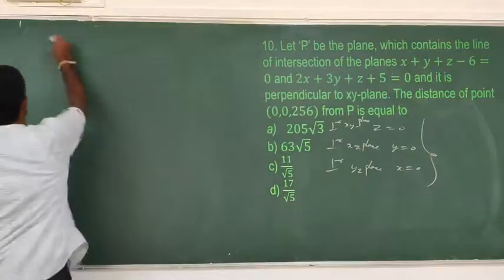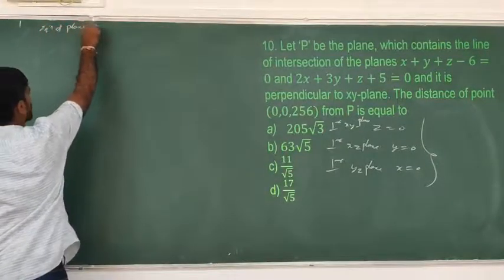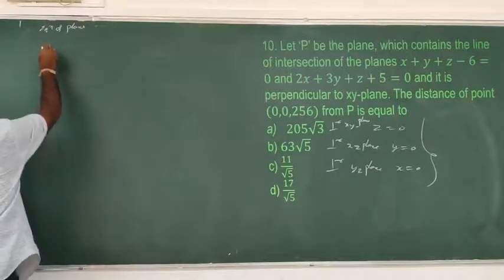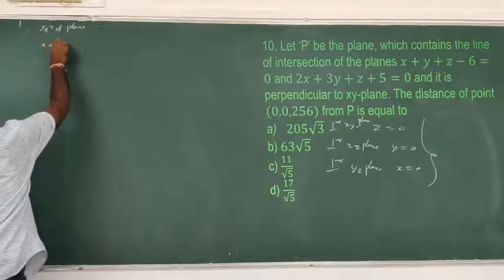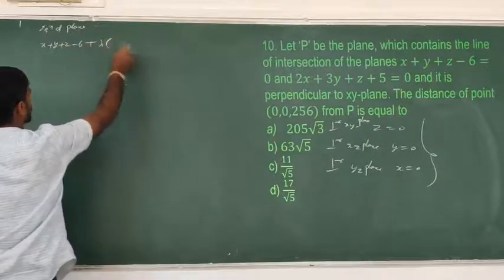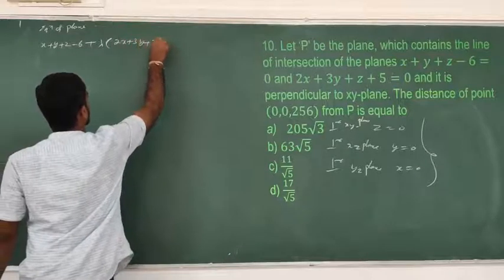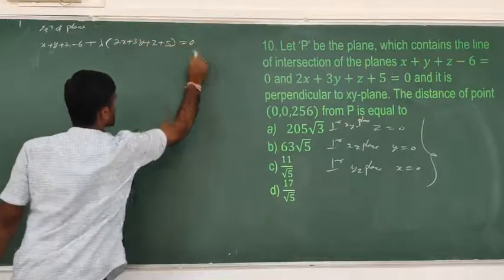Then equation of the plane is x plus y plus z minus 6 plus lambda into, and another one, that is 2x plus 3y plus z plus 5, is equal to 0.